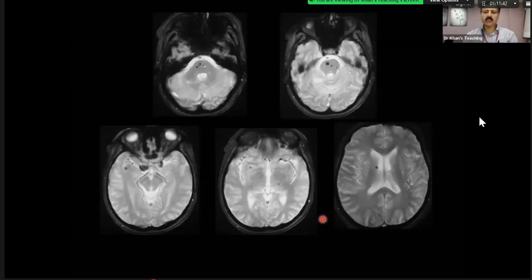Okay, in this age group, other than cerebral amyloid angiopathy, anything else which is more common than septic emboli, given that this patient was clinically not septic? Small hypertensive microhemorrhages. Excellent.